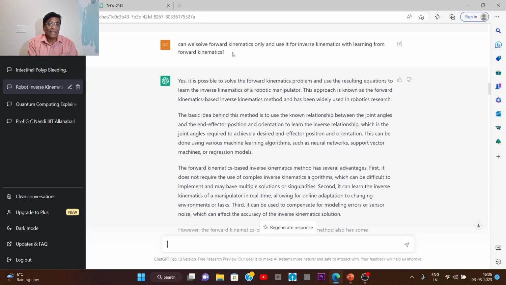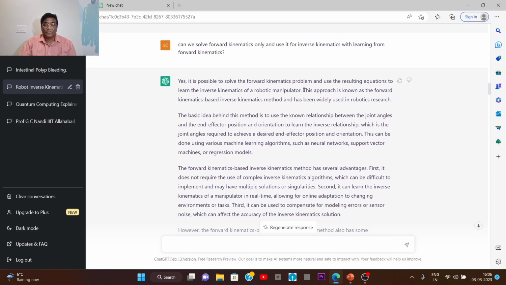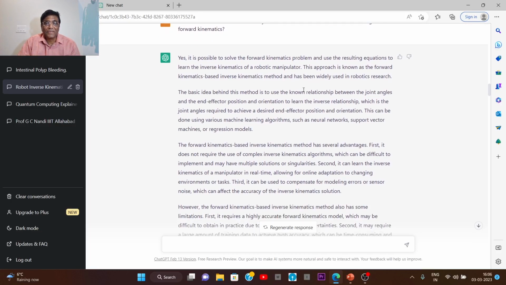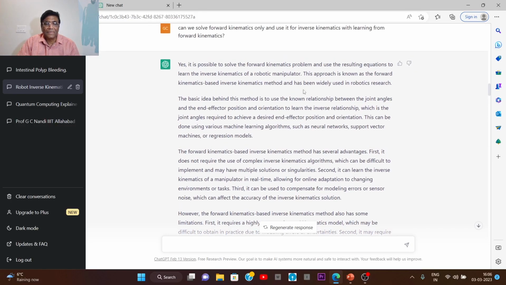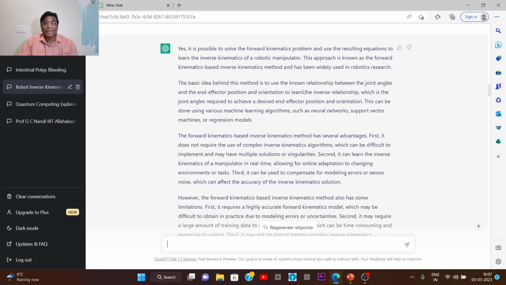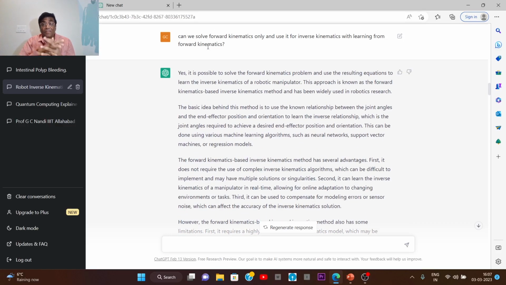Even when machine learning algorithms were not very sophisticated, and because of our computation power, even in 1994-95, I remember in my previous institute, one of my enthusiastic students, Sumanto, if I correctly remember his name, I gave him this task. We were trying to figure out an alternative method of cranking out inverse kinematics using forward kinematics.